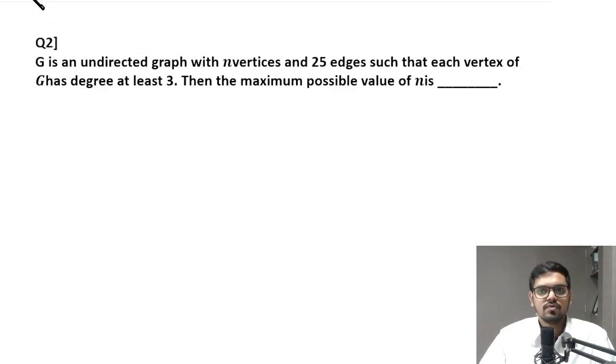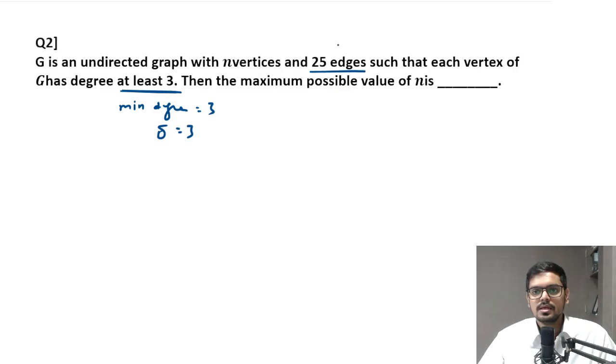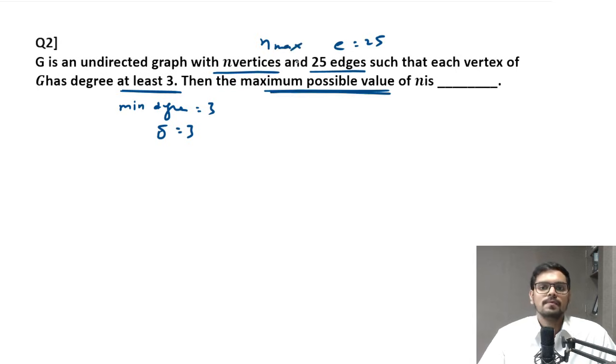Okay, so again, which theorem to use? No theorem is mentioned, but see, they are saying G has degree at least 3. Minimum degree is 3. Delta is 3. E is 25. n is the number of vertices, and you have to find the possible maximum value of n. No problem.